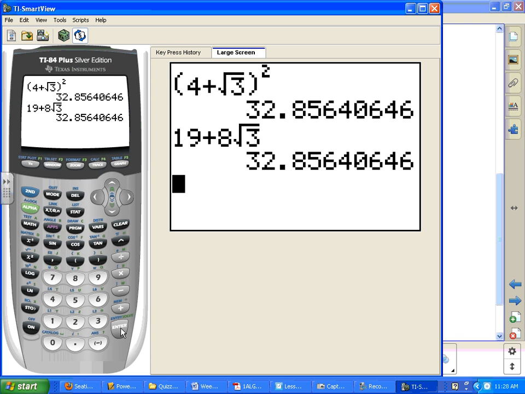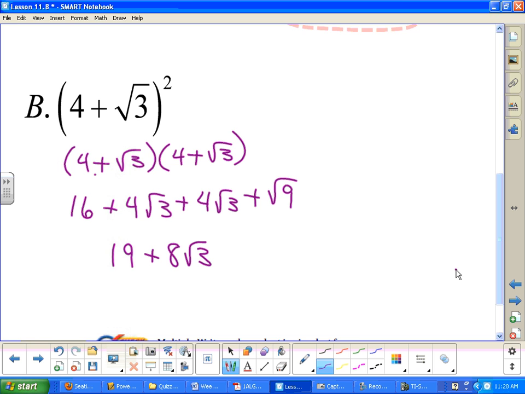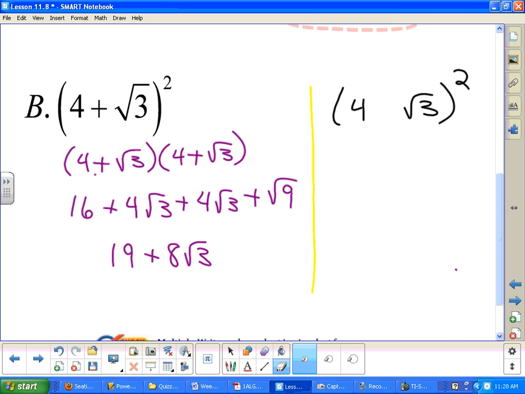So now, here's a habit that I was really excited to see that there was only a couple of you that did this. So don't do this. A lot of people will just say, hey, they're squared.